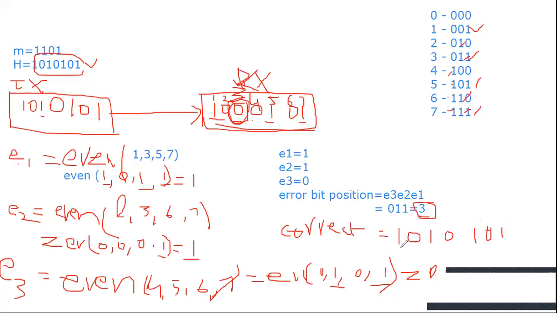Do you understand? So is it the correct data which is transmitted from the transmitter? 1010101 is what was transmitted at the transmitter. So in this way, we correct the error by using the Hamming code.